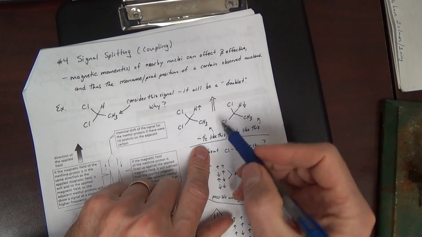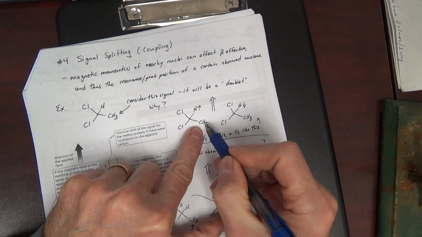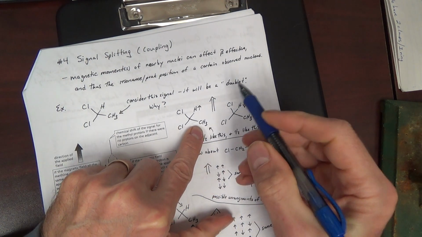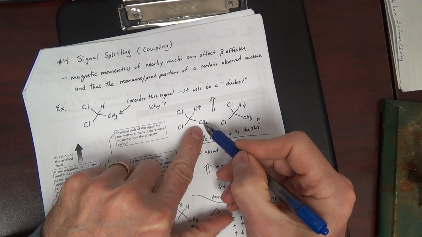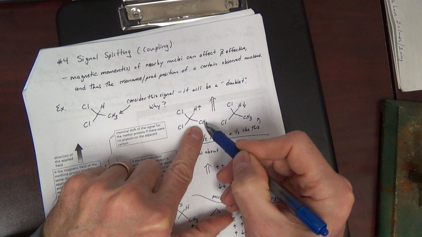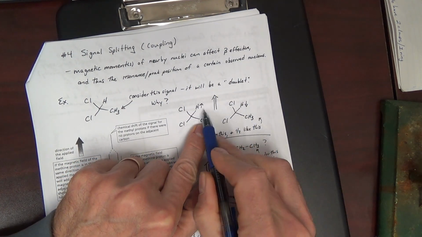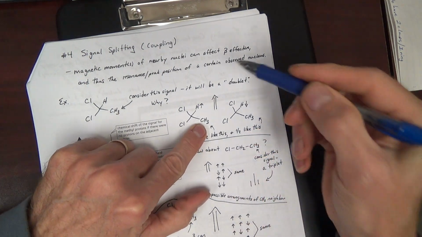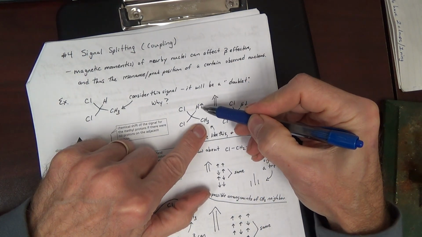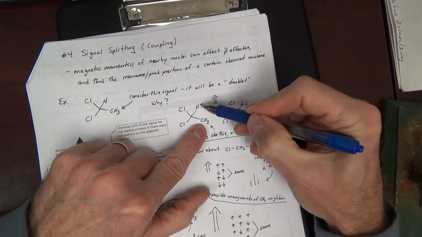But look at this. Now again, we're considering this signal. Of course, these H's can also be aligned with or against the magnetic field. But that's leading to the signal. But while that's going on, the neighboring H's can also be aligned with or against the external field. And when the neighboring H is aligned with the external field, it's adding to the external field.